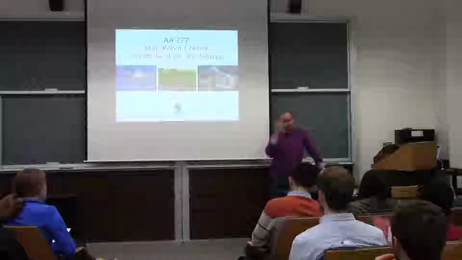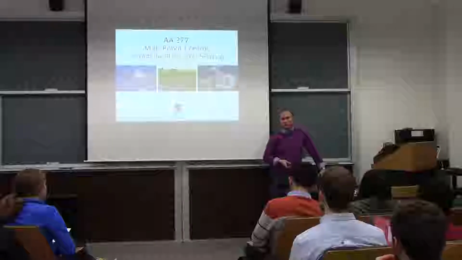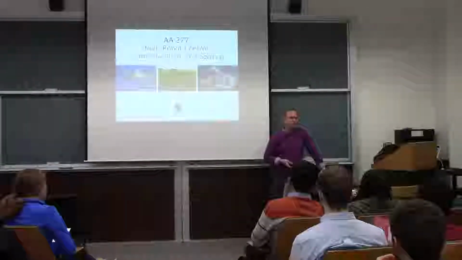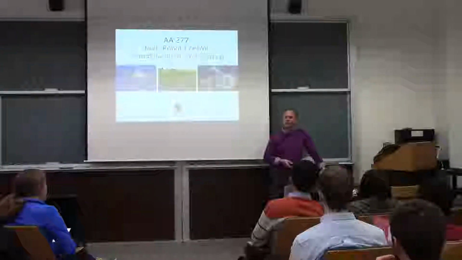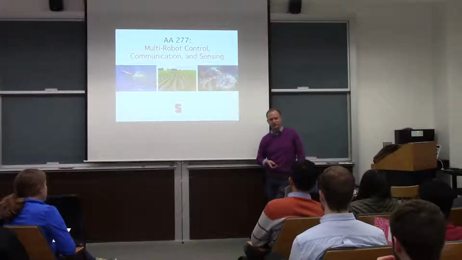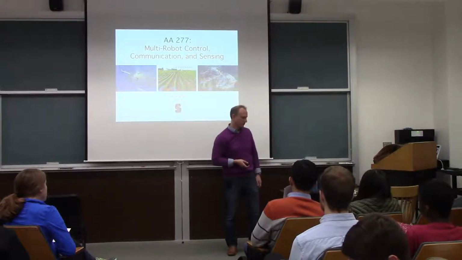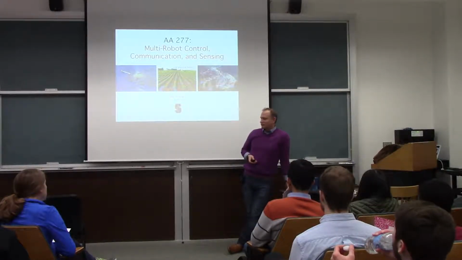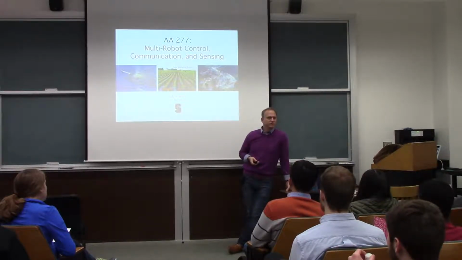So typically what happens is we get a fairly large group at the beginning, and then a few people, as they're shopping around for classes, drop out after the first week. And so we'll reassess the numbers at the end of the week or the beginning of next week and figure out where we are.